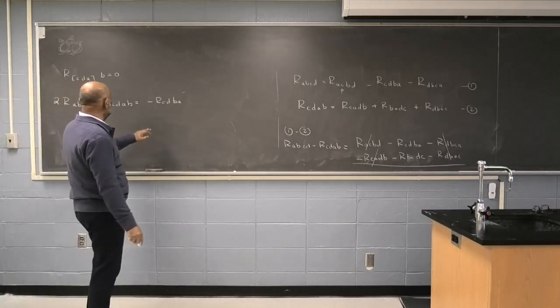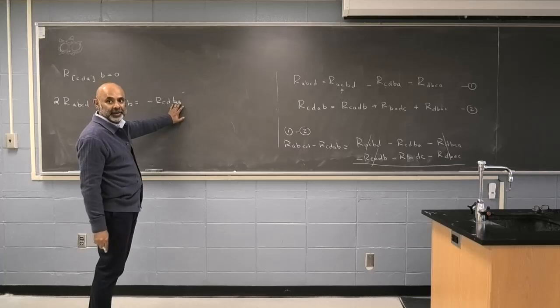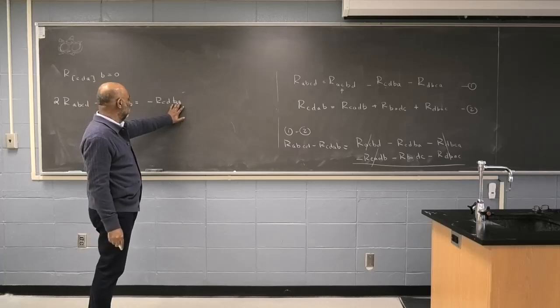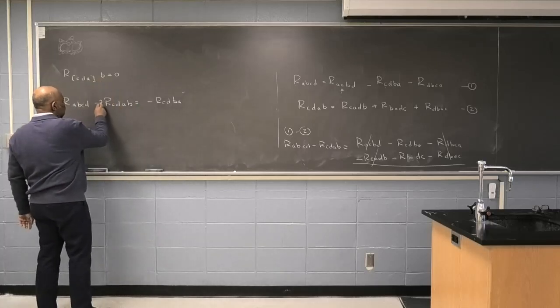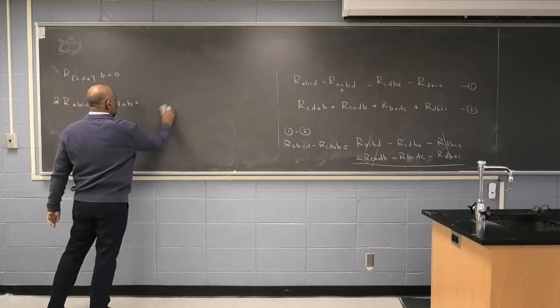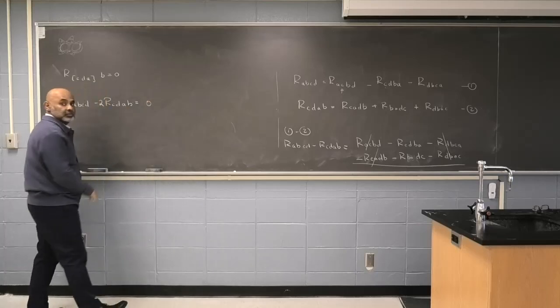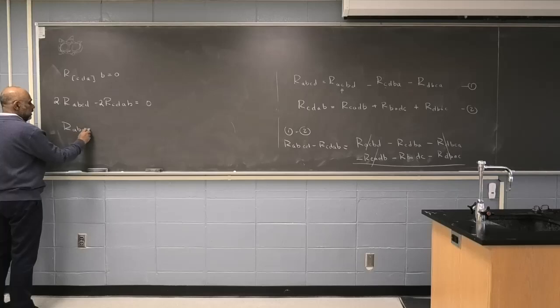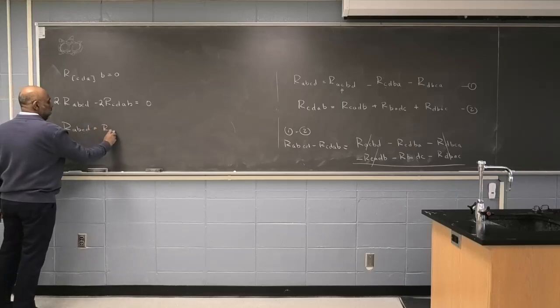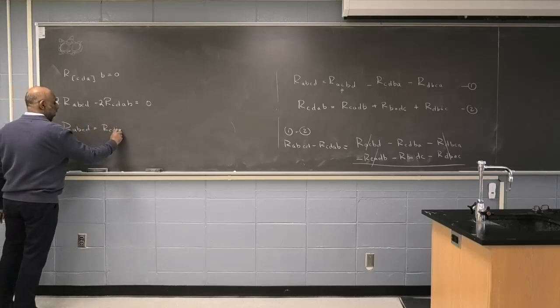Now, what about this? Same thing over here, right? This becomes an AB with a plus sign. So when I bring it to the other side, I would get this equal to 0. And hence, R, A, B, C, D, C, D, A.